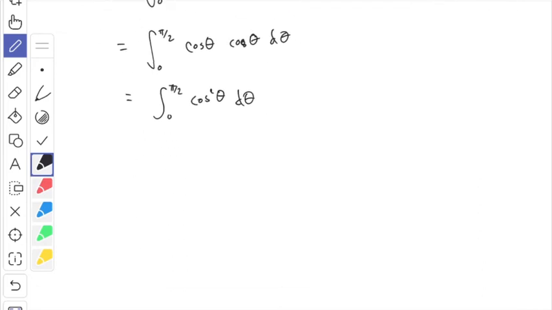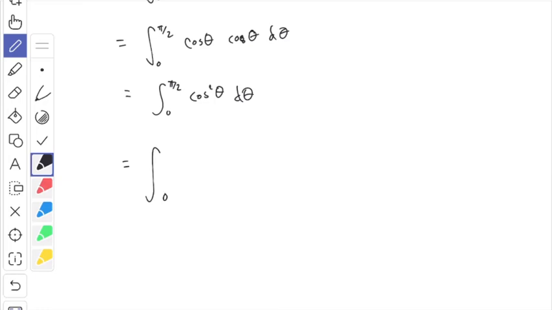So this I'm going to do as 1/2 times 1 plus cosine 2 theta. I think I got that right. Pi over 2, yep, thanks. I was concerned about getting the integral right. All right, and now we can do the integral.